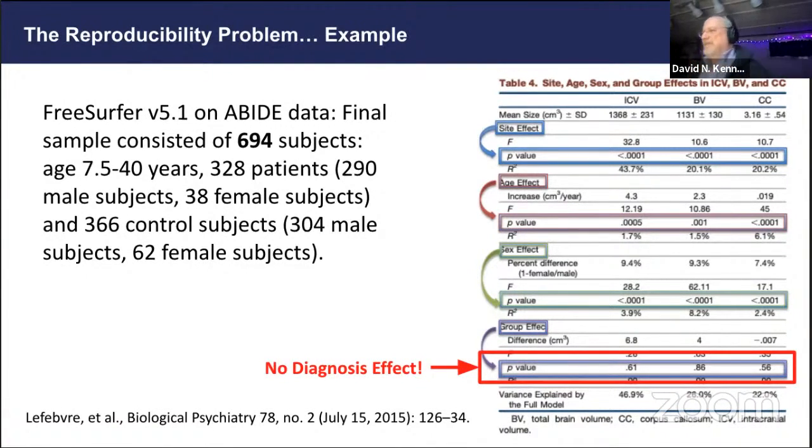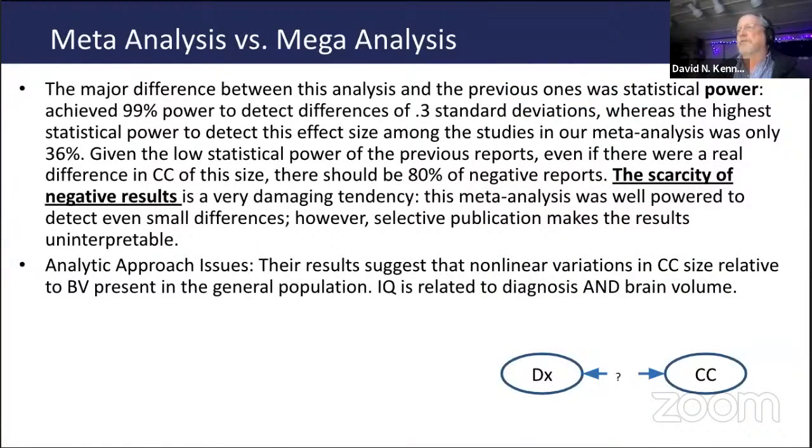So that's upsetting, that something that was so clear from the traditional published literature, that there should be an effect, couldn't be replicated in a prospective mega-analysis as opposed to the retrospective meta-analysis. So it turns out there's a good number of reasons and background to this, and I don't want to dwell too long, but part of the point is power.